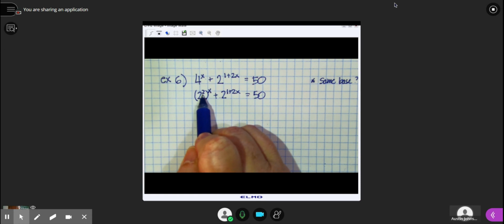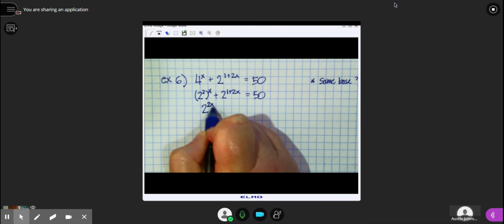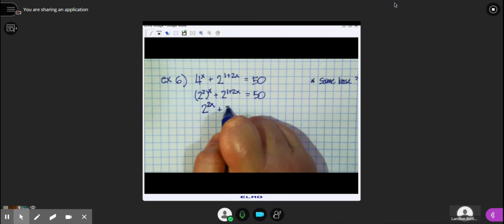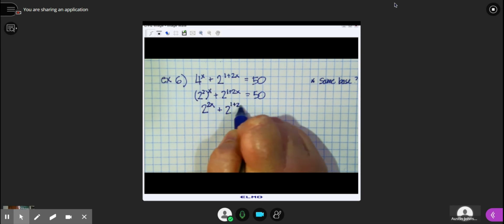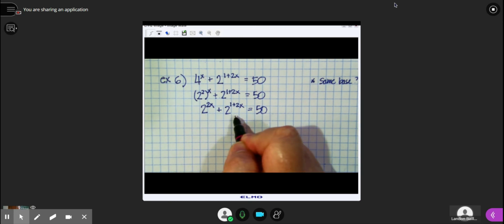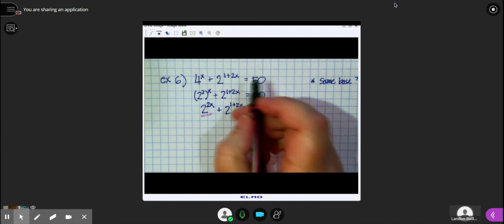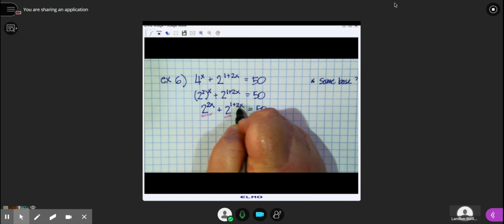Now, 2 to the 2 to the x is the same as 2 to those multiplied together, to the 2x, plus 2 to the 1 plus 2x. Okay, I'm about to do a thing, so hold on. On the right-hand side, you have two terms. This term is a 2 to the 2x, and this term is a 2 to the 1 plus 2x.